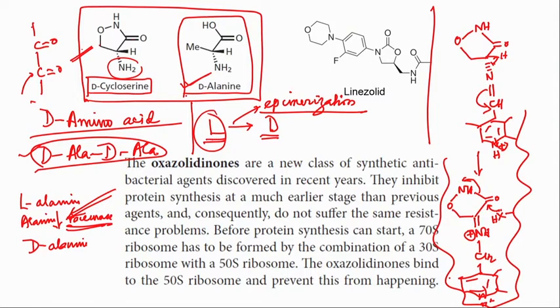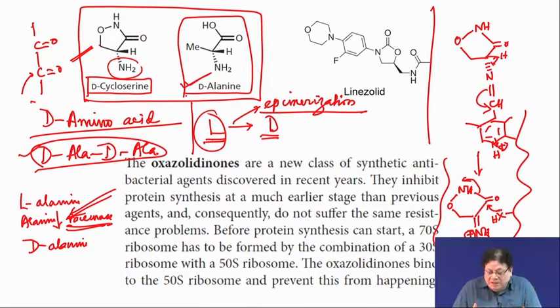First of all it resembles D-alanine in structure, so it is accepted by the enzyme, and the mechanism is that it forms the imine, then there is a tautomeric shift. The imine was earlier with the aldehyde carbon, now it is with the cycloserine carbon, and that activates this carbonyl. The nucleophilic amino acid attacks and opens up the cycloserine. So you can call it suicide inhibition, because changes take place in the molecule.